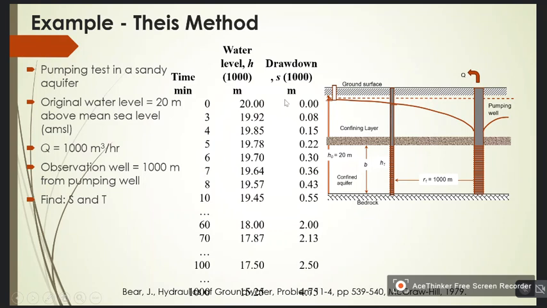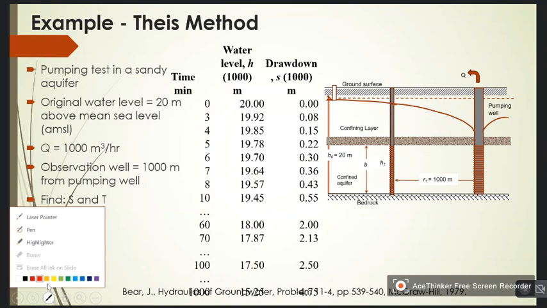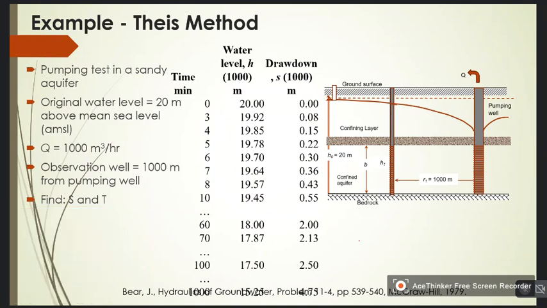So how do you get the drawdown? Drawdown S is equal to H naught minus H. That means 20 minus this.